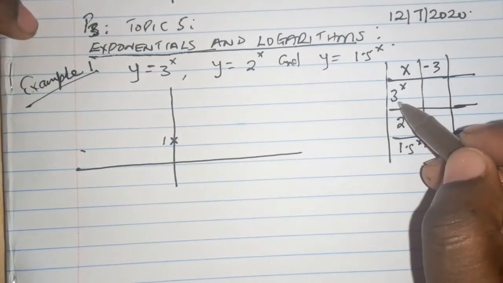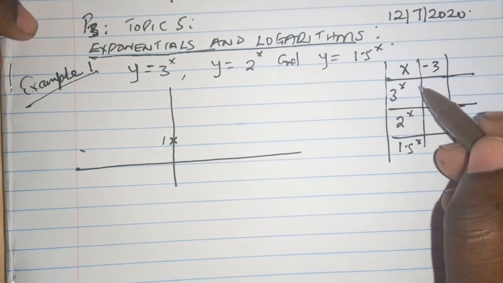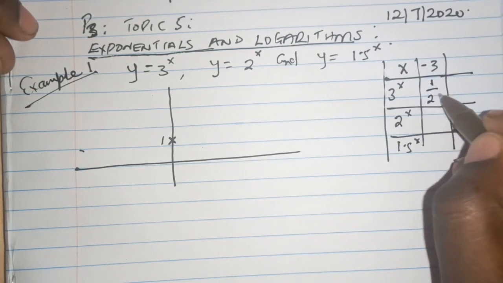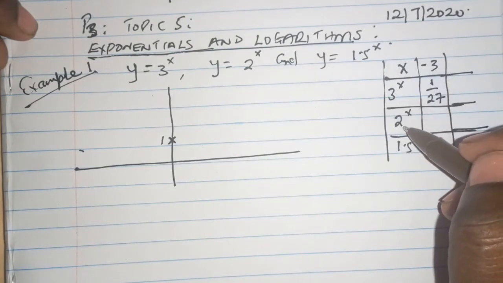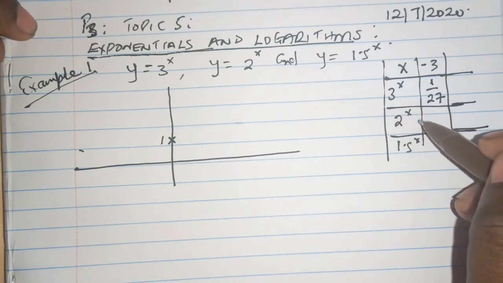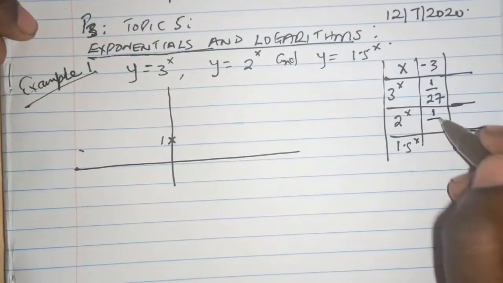We are going to have 3 raised to power negative 3, and this is basically 1 over 3 cubed, which is 1 over 27. When x is negative 3, 2 raised to power negative 3 is going to be 1 over 2 cubed, which is 1 over 8.